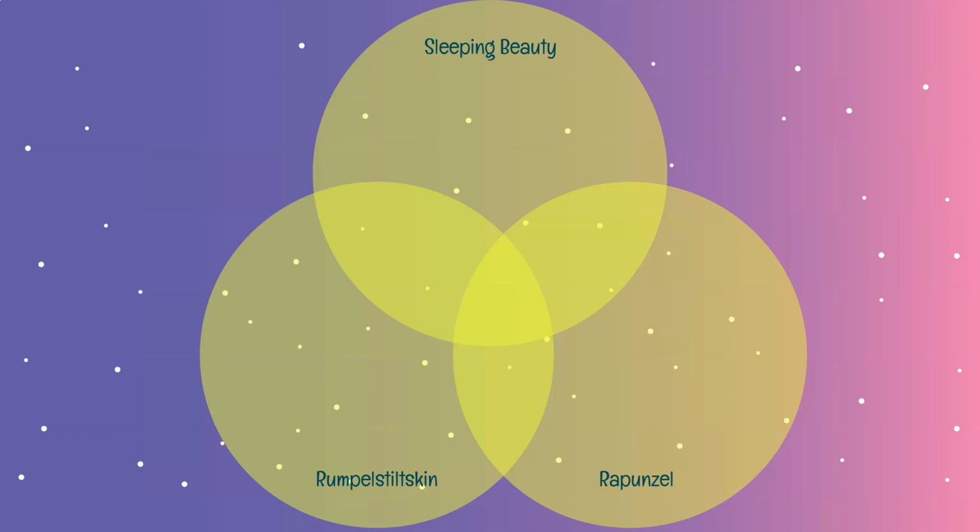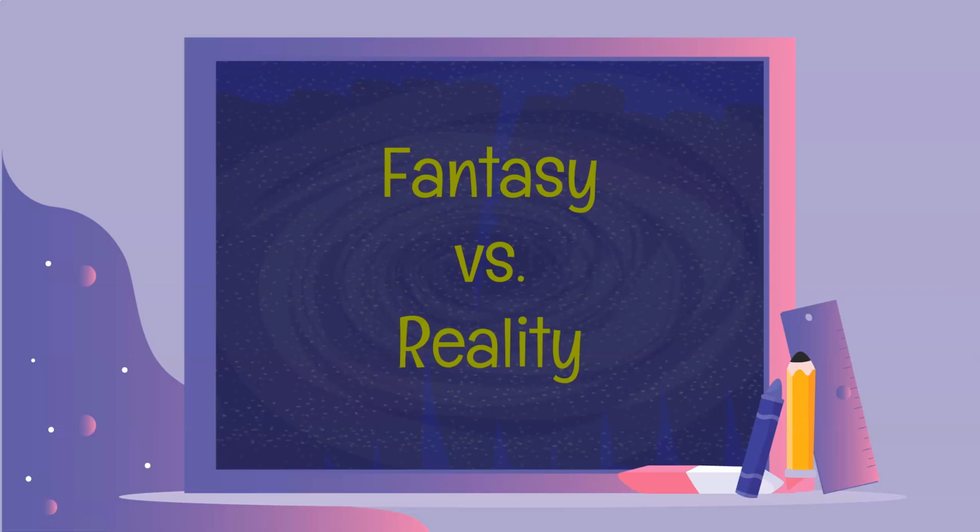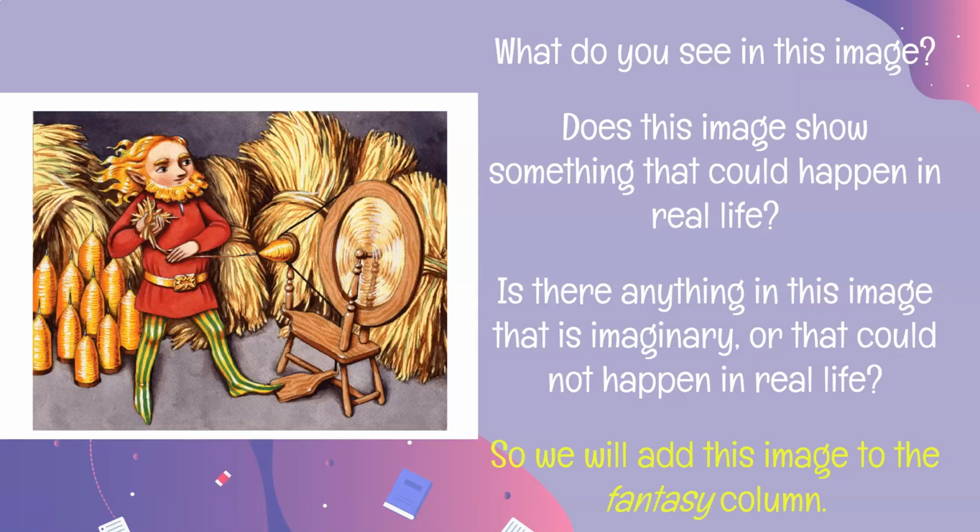We're going to use this Venn diagram at the end of the lesson to compare 3 fairy tales: Sleeping Beauty, Rumpelstiltskin, and Rapunzel. So let's discuss some more about fantasy versus reality. What do you see in this image? Does this image show something that could happen in real life?